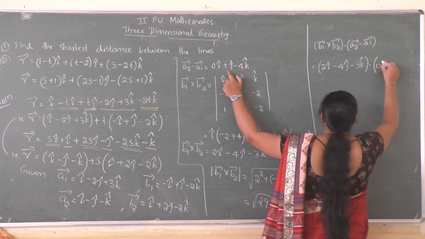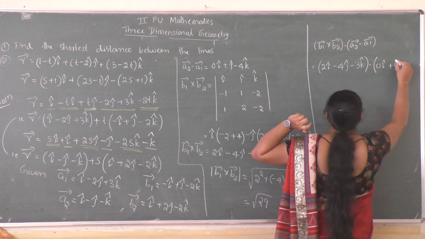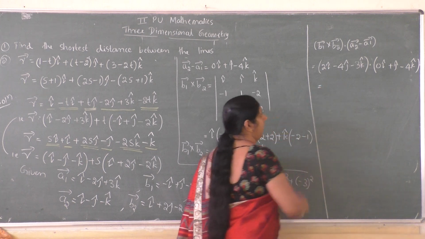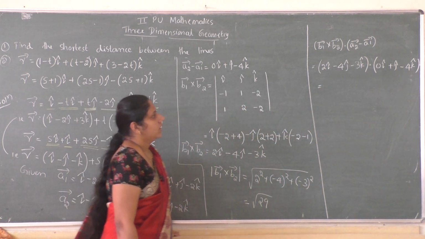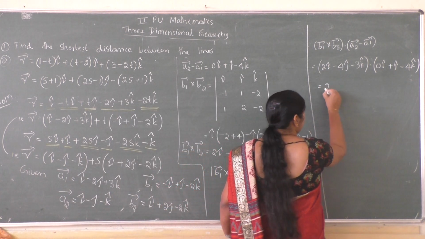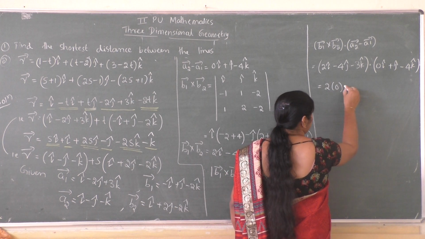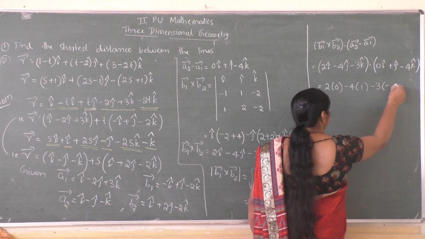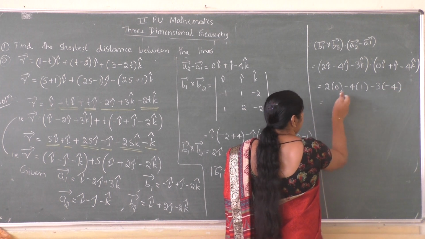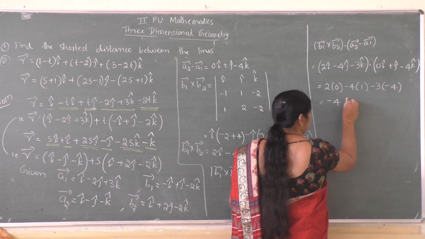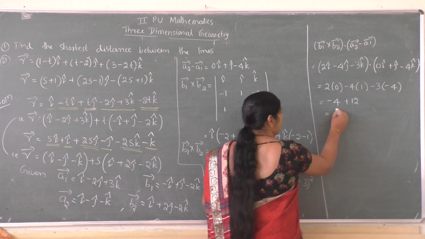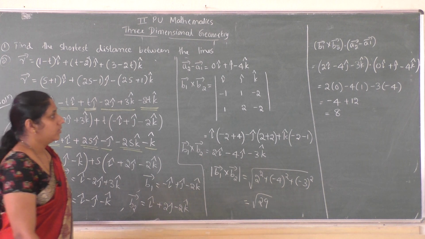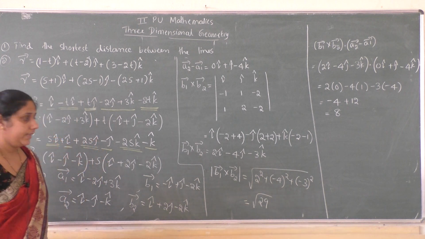It is 0 i cap plus j cap minus 4 k cap. Now find the value, that is 2 into 0 minus 4 into 1 minus 3 into minus 4. How much? It is minus 4 and this is plus 8. So the dot product will be 8.